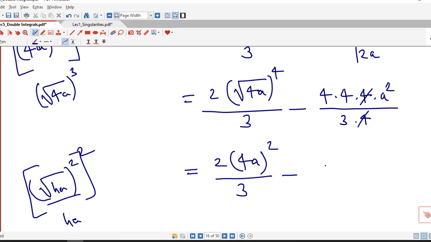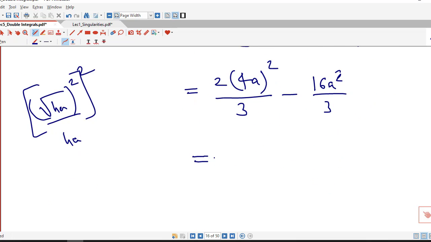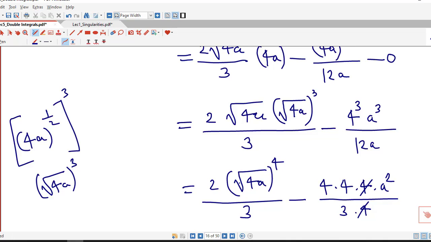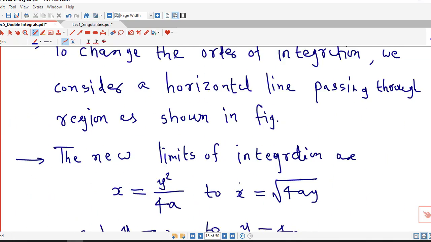Here 1 4 will cancel out, and this is 16a square divided by 3. So now this is nothing but 2 times 16a square divided by 3 minus 16a square divided by 3. So 2 times 16a square by 3 minus 1 times 16a square by 3, that is 16a square divided by 3. So in this way we can obtain the value of double integral by changing the order of integration.